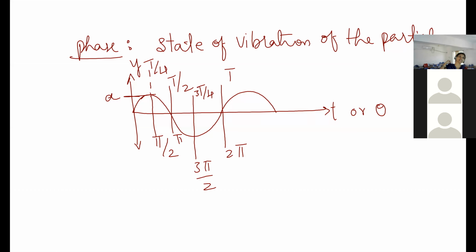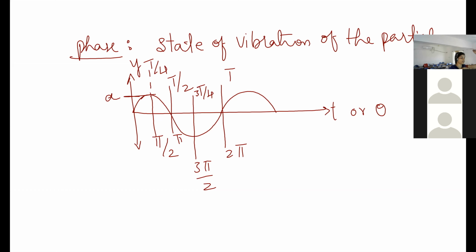In order to explain the phase of a wave, I drew one diagram. Let us consider the propagation of the wave. You can explain the state of vibration of the particle in terms of time period, or you can measure in terms of angle. Here A is the amplitude, and this is one complete wave.